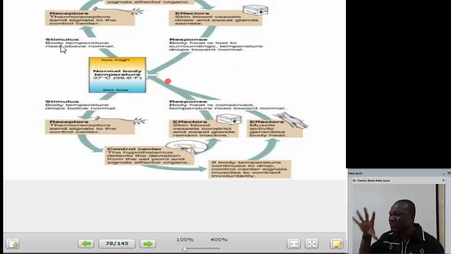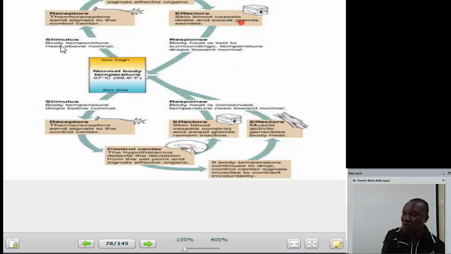So there's a deviation of about 2 or 3 degrees C. Now the regulatory center or integrating center will generate an output which will be relayed via motor neurons to the effectors.